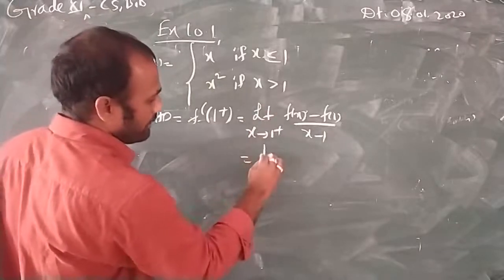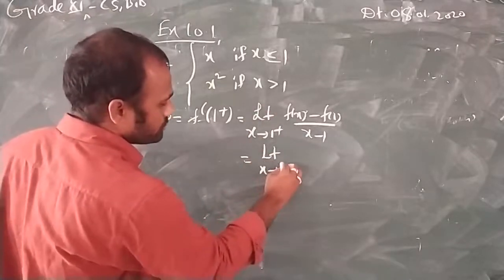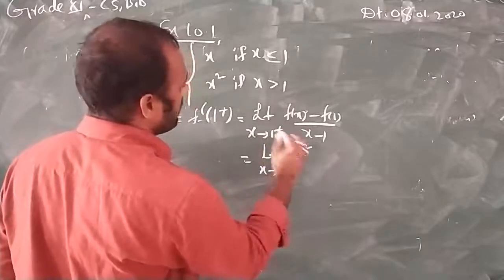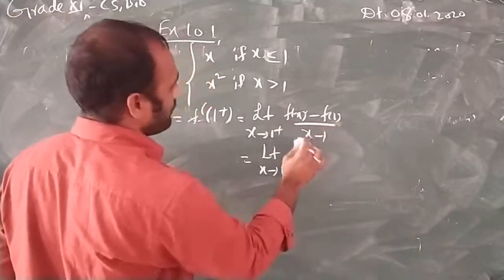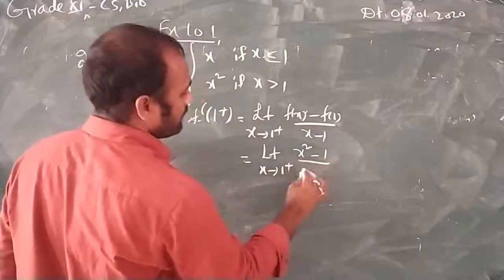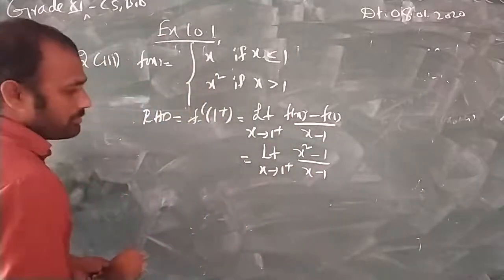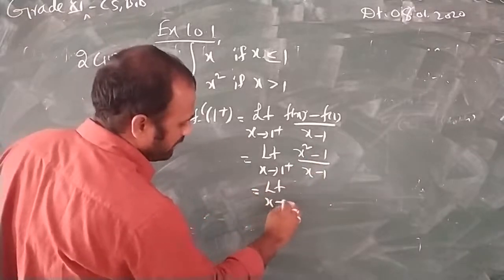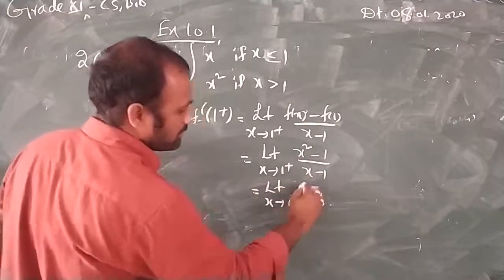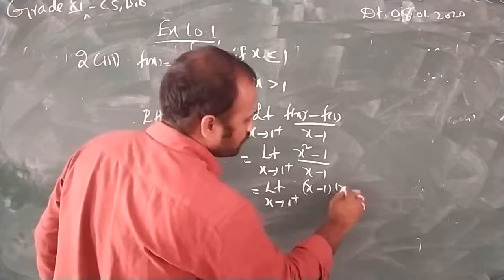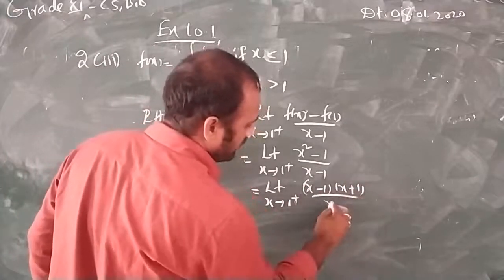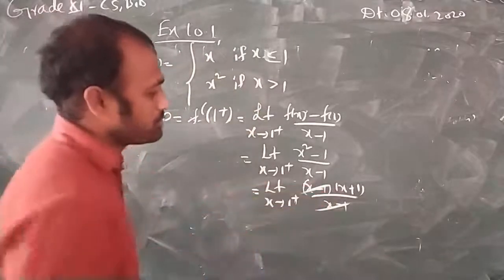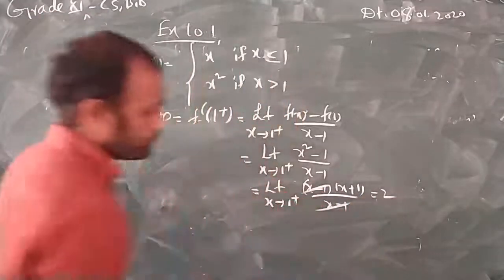So it will be limit x tends to 1 plus x square minus f of 1 divided by x minus 1. So it is in the format of a square minus b square, so I can write it as limit x tends to 1 plus x minus 1 into x plus 1 divided by x minus 1. So x minus 1 gets cancelled. If I substitute 1, the answer is 2.